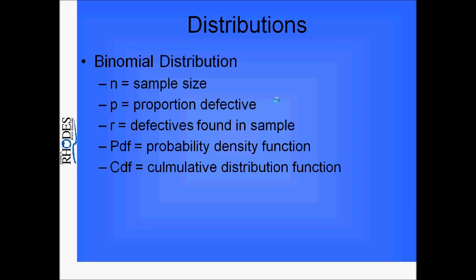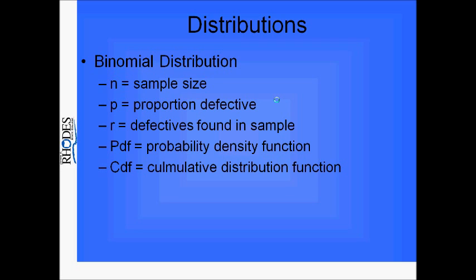Then you have two different types of analysis for the calculator or computer to use. One is called a PDF, the probability density function. That means it's the probability of a single occurrence of a defect. CDF, however, is the cumulative effect of all those PDFs.